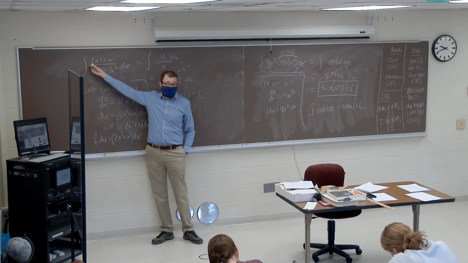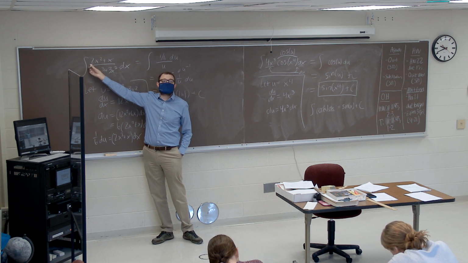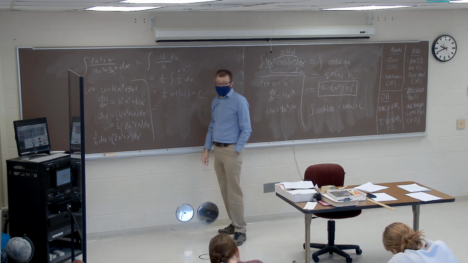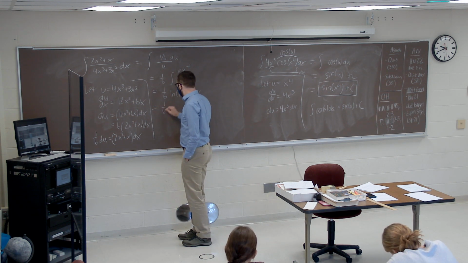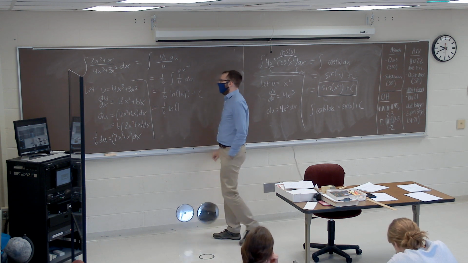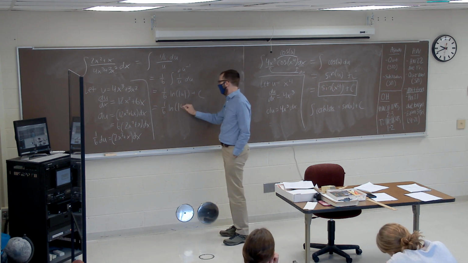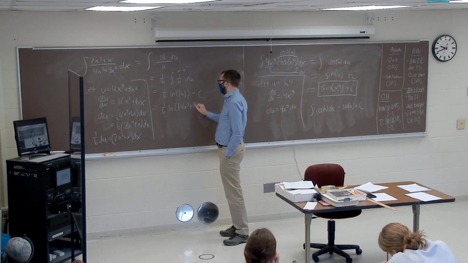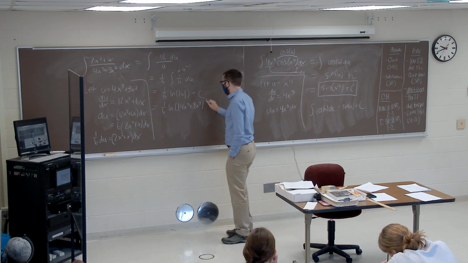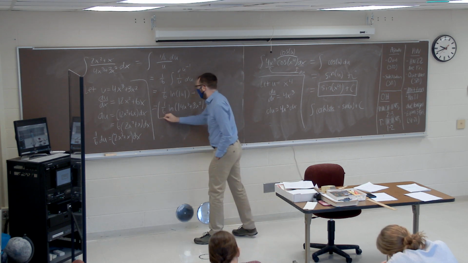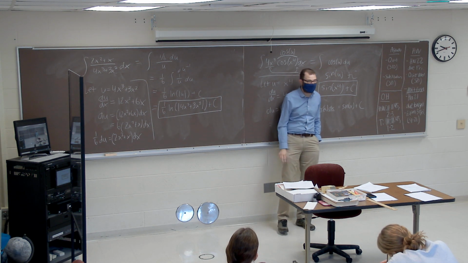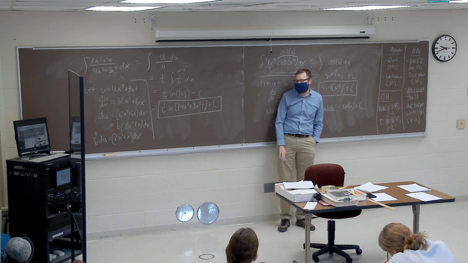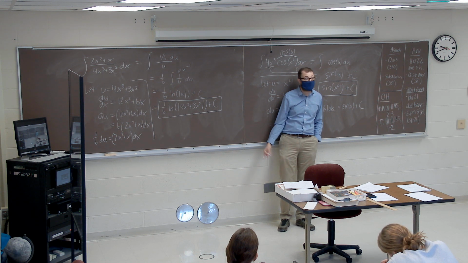Since our original integral was written in terms of x, our final answer should also be in terms of the same variable x. So we would get 1/6 natural log of the absolute value of 4x cubed plus 3x squared, plus c. And I think that would be a good final answer in terms of x, just like our original integral.